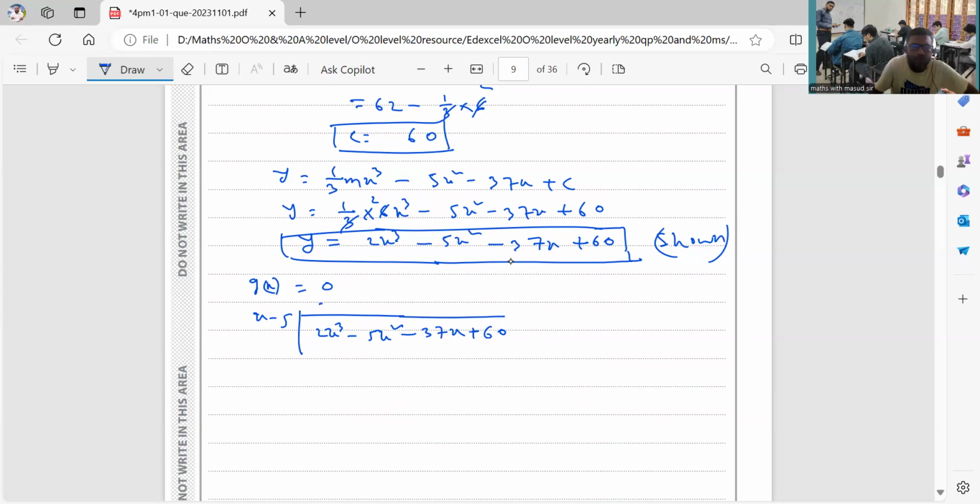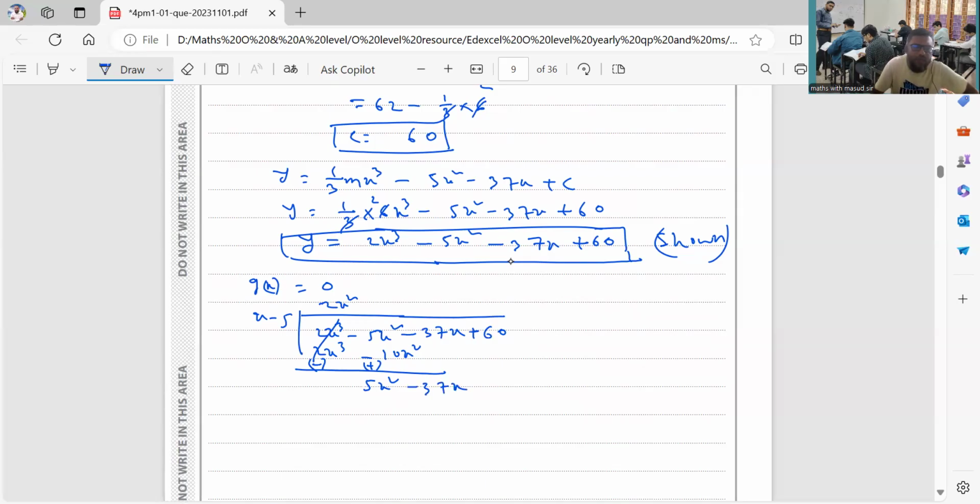If you divide 2x cubed by x, that will be 2x squared, and it will be 2x cubed minus 10x squared, because 2x squared multiplied by 5 is 10x squared. For the division, do subtraction, so minus becomes plus. This is cancelled, and it will be 5x squared minus 37x.